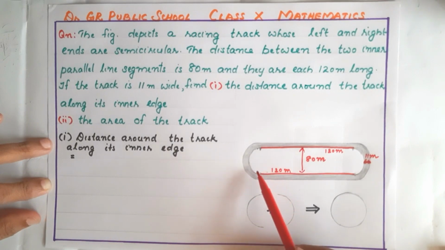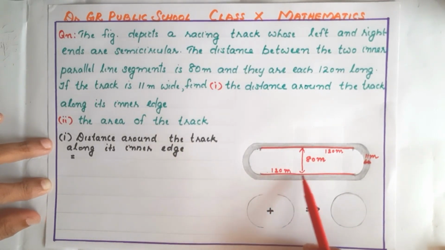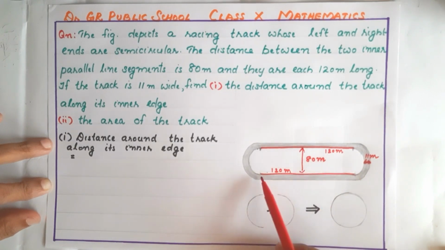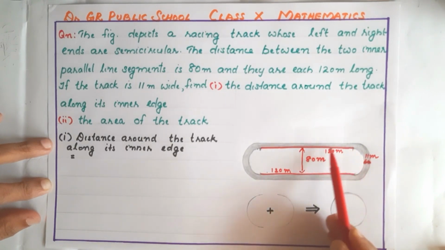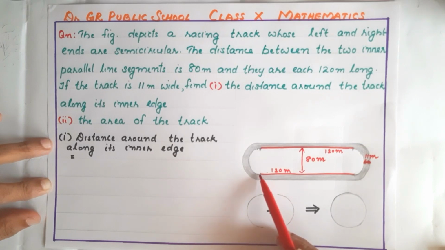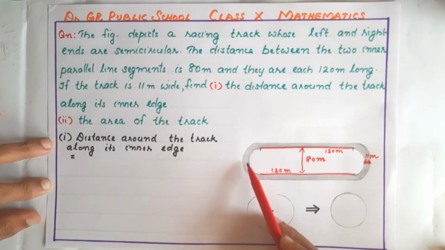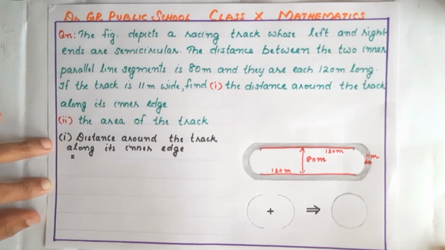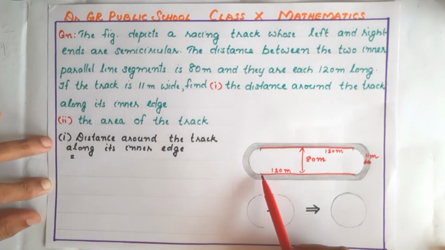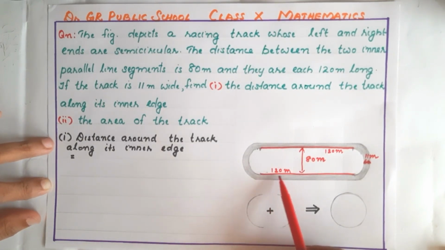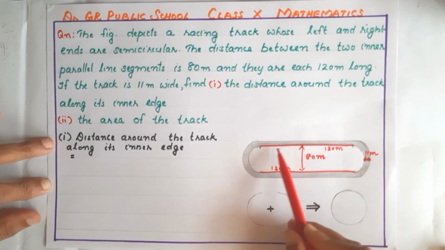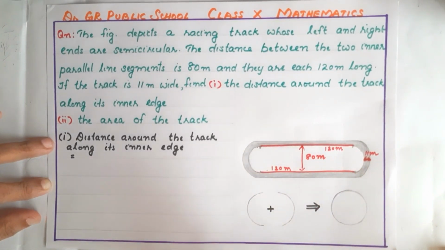The distance around the track along its inner edge, through this inner edge, if we are moving, what is the total distance? Okay, children, if we are moving through this inner edge, what is the total distance?